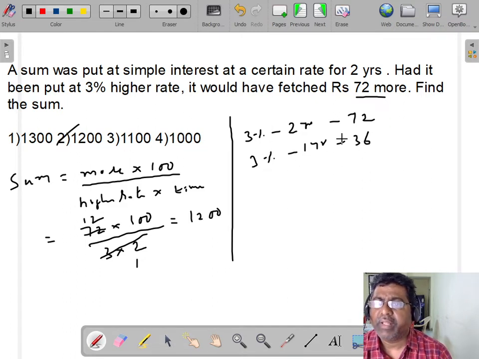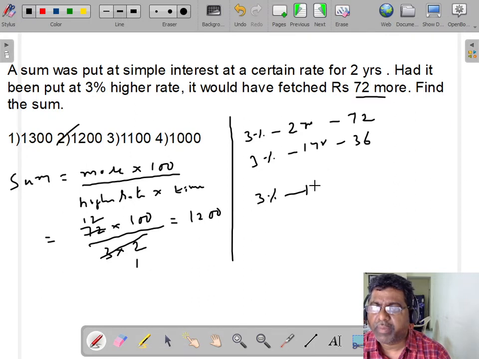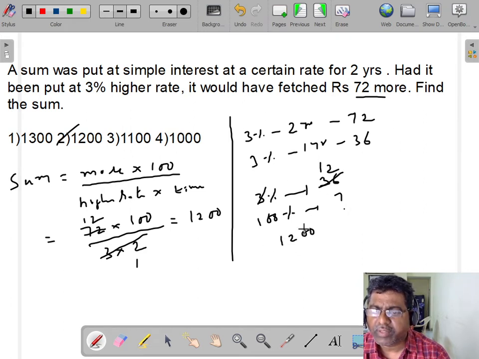So for 3% 1 year the value is 36. Total sum means for 100% how much? 3 ones 3, 12s. So 12 into 100, 1200 is the required answer. You can do it like this also. Okay, now we can go for the next model.